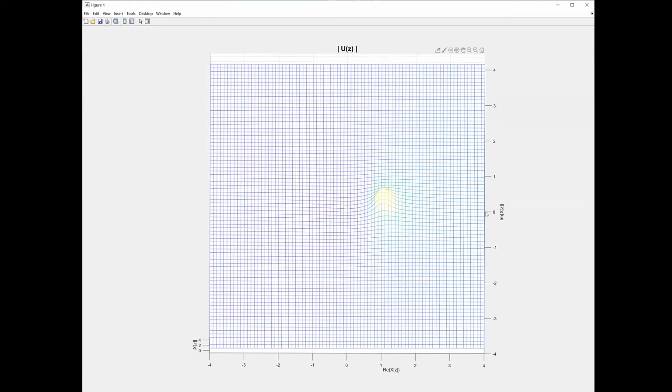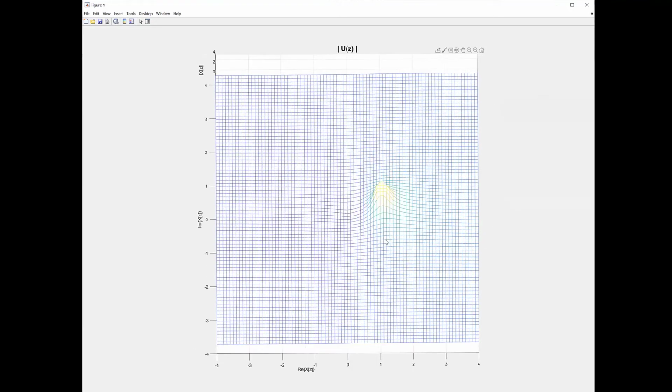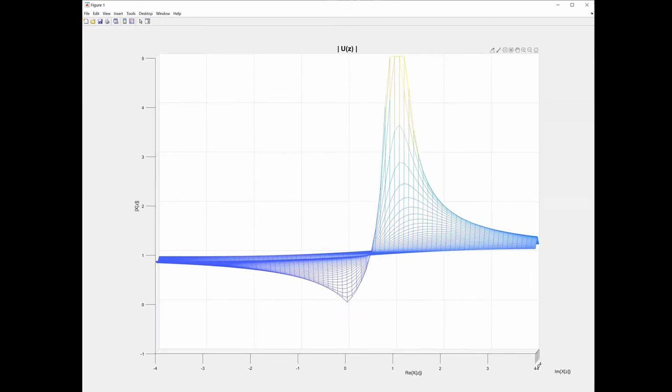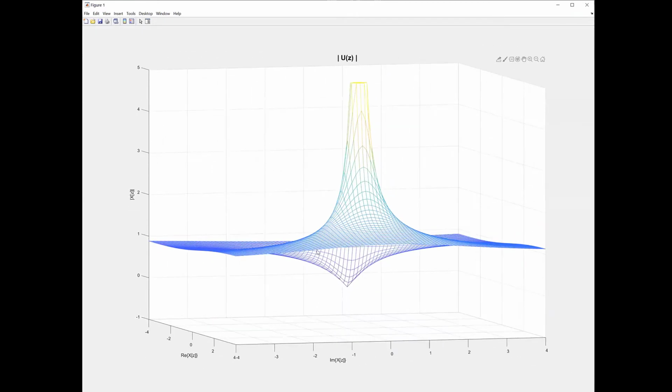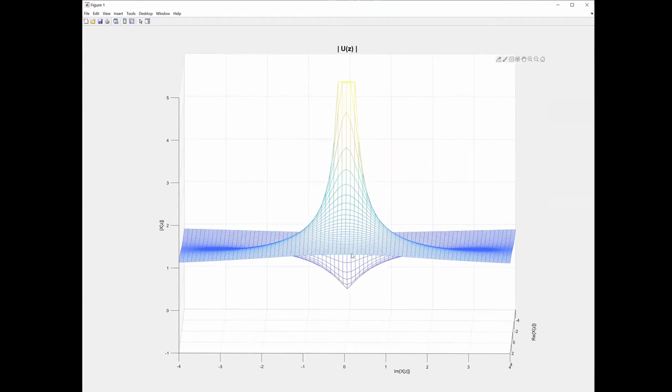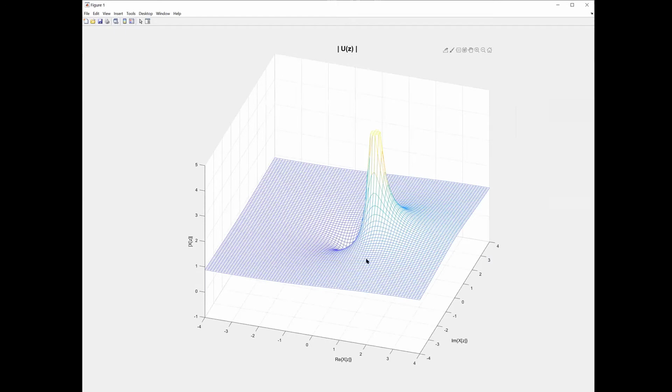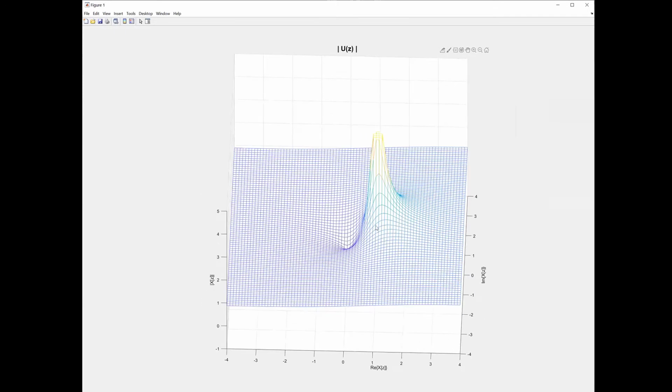So at z equals 1, just as promised, there's that pole. And then you can see that there's this zero. It pokes down here at 0 real part, and I'll rotate it around, and at 0 imaginary part. So it's got a zero at the origin, and it's got a pole at 1. And that's what it looks like.